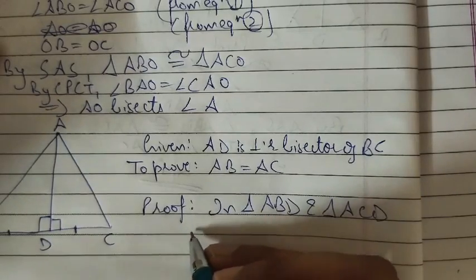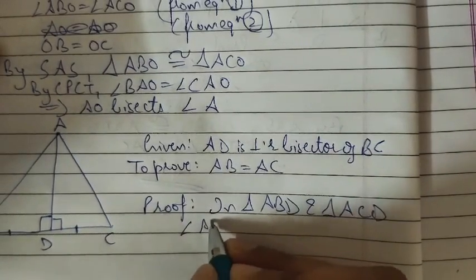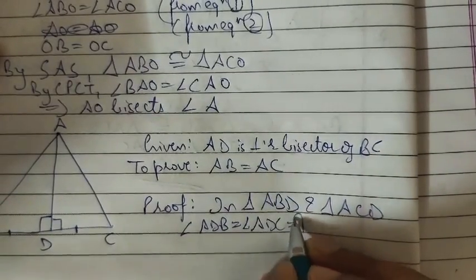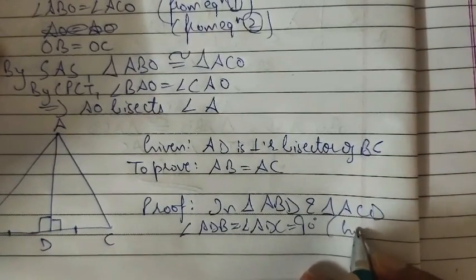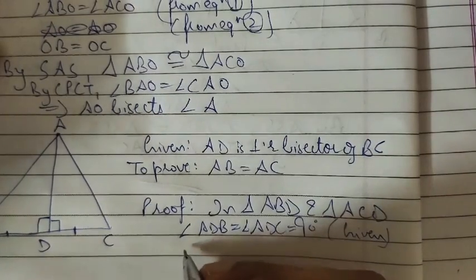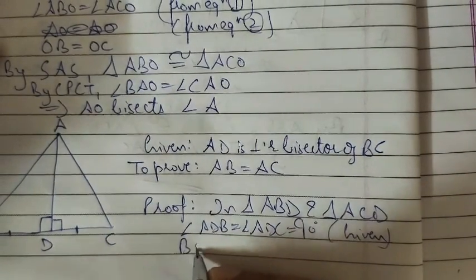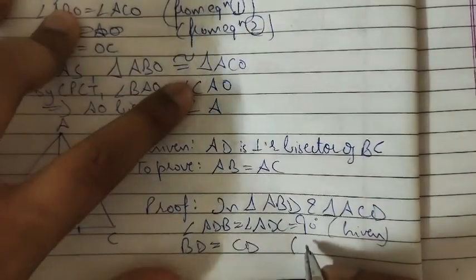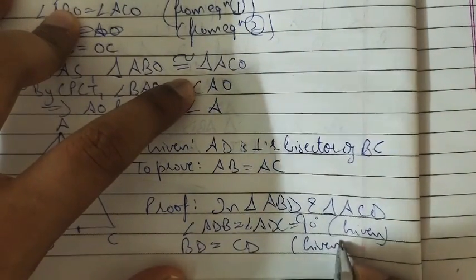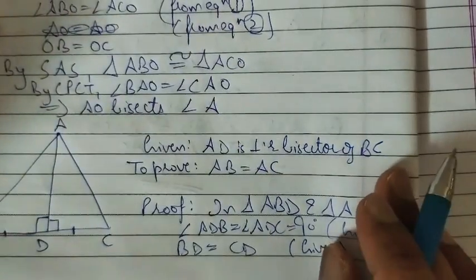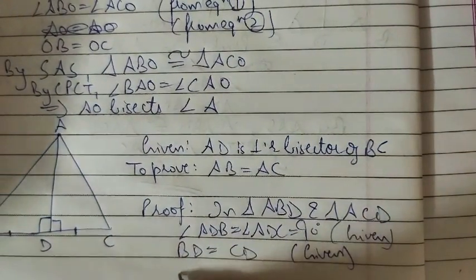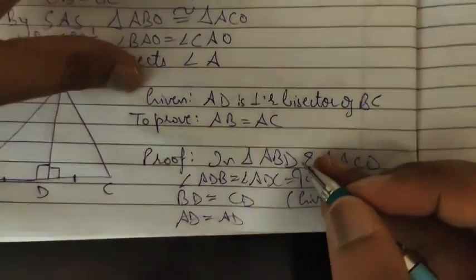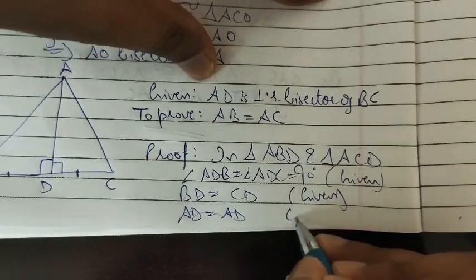We know that angle ADB is equal to angle ADC is equal to 90 degrees, given, because it is a perpendicular bisector. Also BD is equal to CD. This is also given because AD is perpendicular bisector of BC, and AD is common. So AD is equal to AD, common.